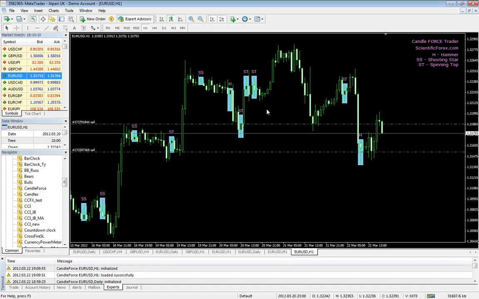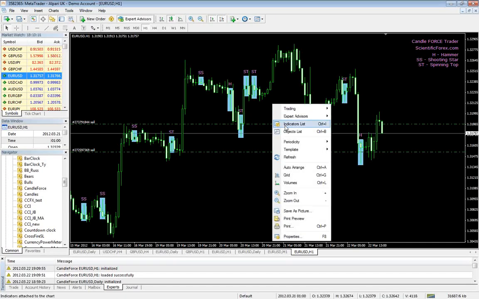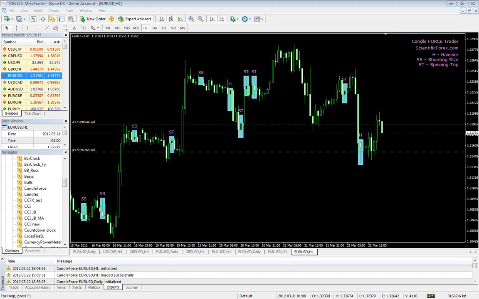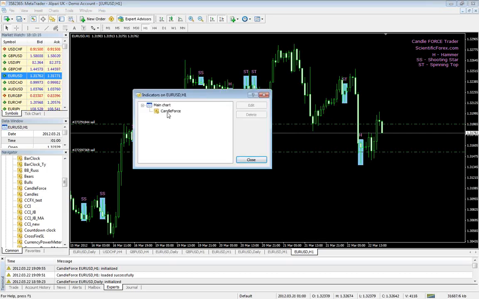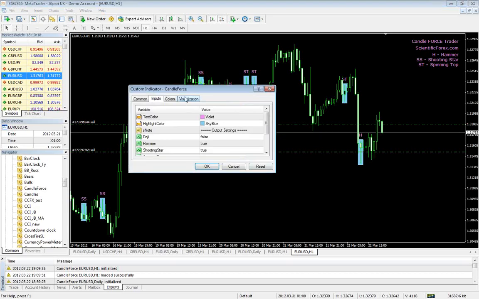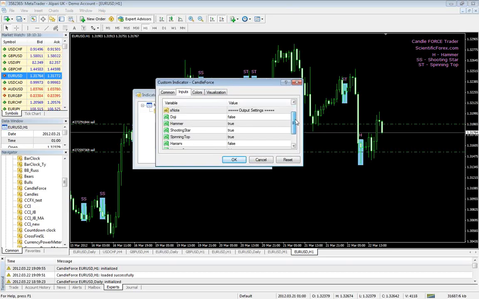Also, you can see them if you right-click on your chart, go to Indicator List, click on Candle Force, and click Edit. Here you can see the output settings, and you will see the same candlestick patterns. If you want to see them on your chart, you just need to set them to true, or if you don't want to see them, set the parameter to false.